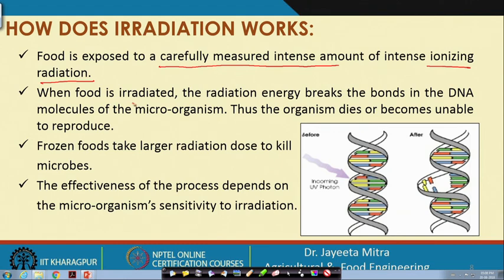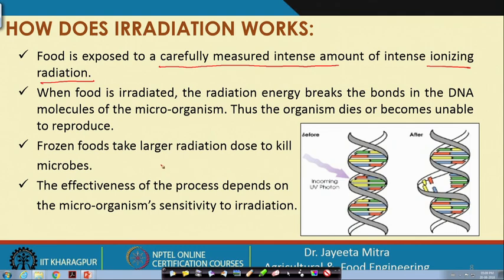Now, when food is irradiated, that is exposed to the radiation source of either X-ray, E-beam or gamma ray, the radiation energy breaks the bonds in the DNA molecule of the microorganism. So, the organism dies or becomes unable to reproduce.